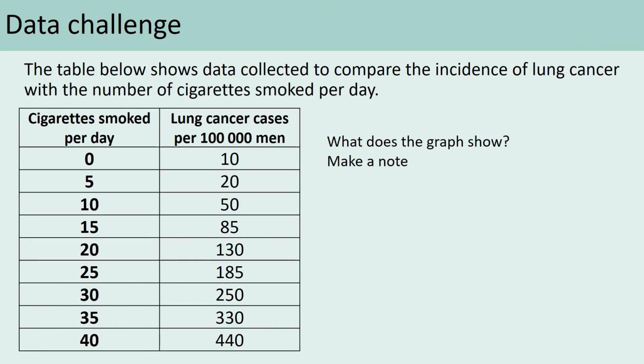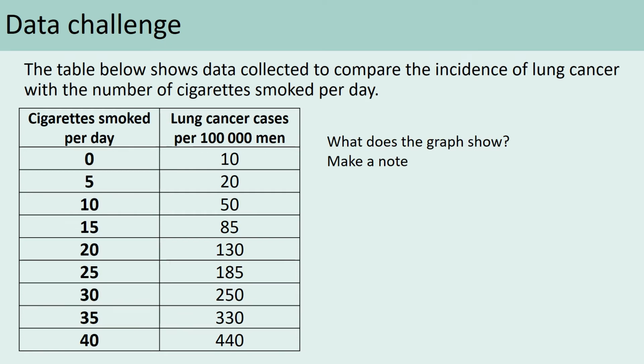Okay, so here is some data in a table that has on the left-hand side the number of cigarettes smoked per day, and on the right column the number of lung cancer cases per 100,000 men. So what I'd like you to do is pause the video and think about what this table actually shows. I know it says graph there, sorry about that.